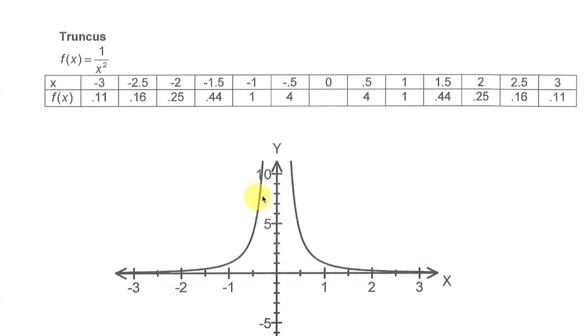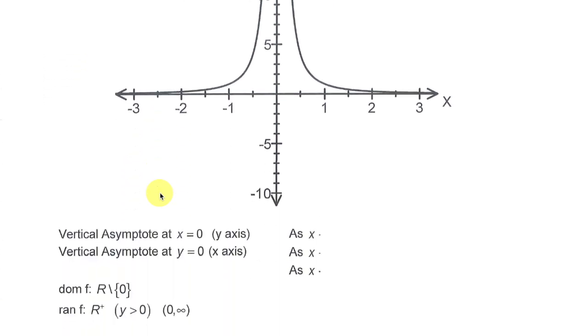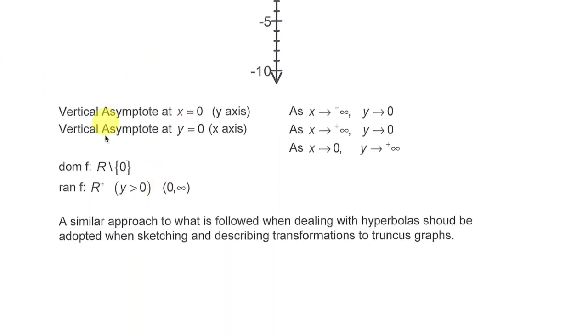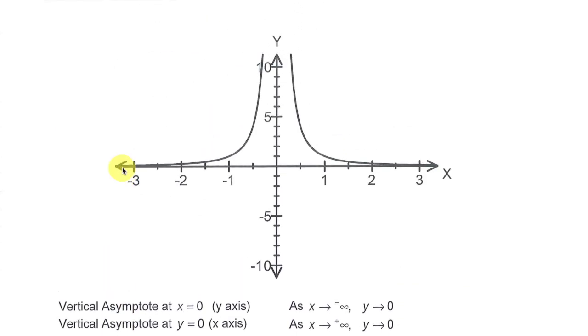And as I explained before, that curve is just mirrored over here, and they're all positive because of the squaring component. So that's the basic truncus, and transformations that apply to the hyperbola can also apply to the truncus. There's a summary of everything. Remember our domain, the set of all real values excluding the vertical asymptote, x equaling 0.